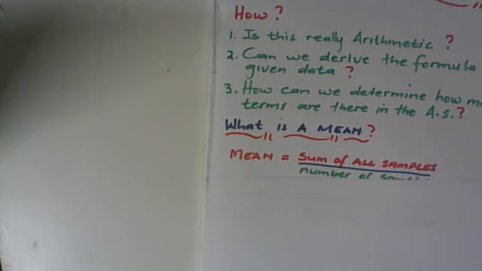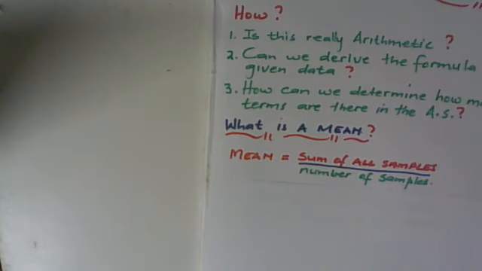You are also going to find the mean between more than two terms. So, in order to do that, we need to go back to the drawing board. It says the mean is the sum of all the samples.